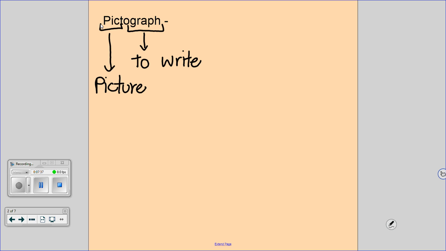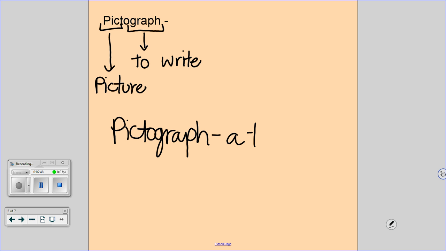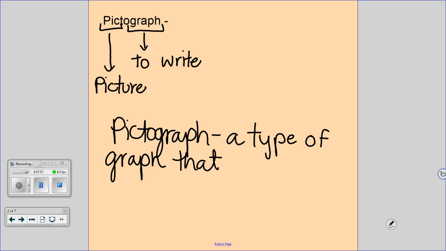There you go. All right, so a pictograph. I'm going to write it down here, actually, so you can read it. So a pictograph is a type of graph that uses pictures to show data.